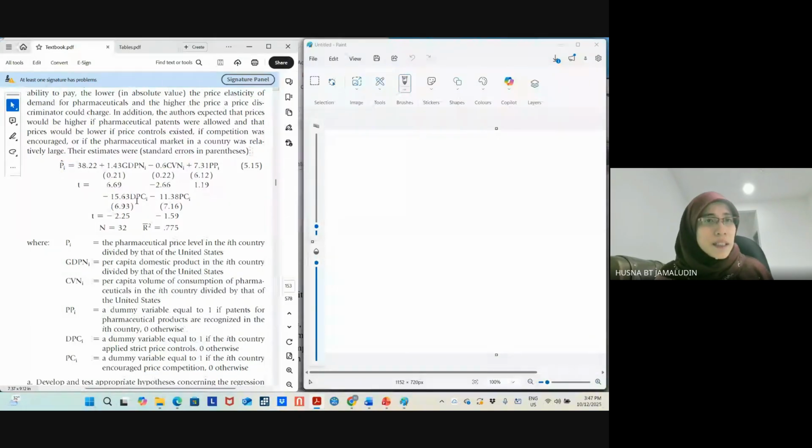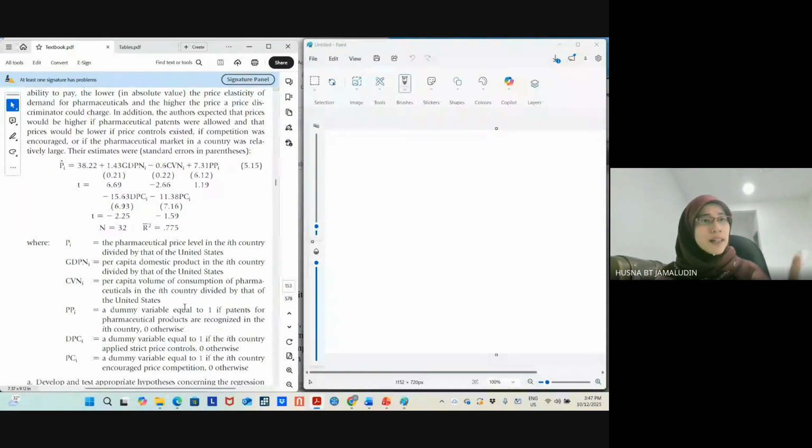What else? DPC stands for, if let's say the country applies strict price control, will be negative. You cannot charge higher than a certain limit. PC is price competition, if let's say government allows for price competition, of course it will reduce the price of the pharmaceutical item.